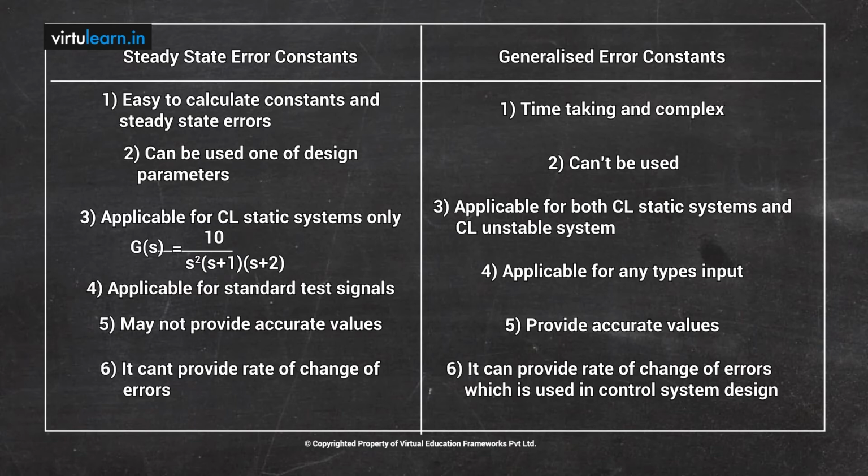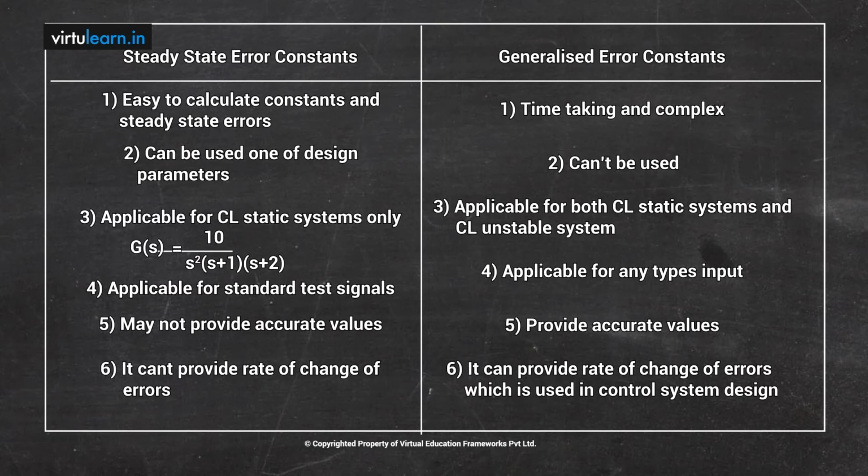So care must be taken: whenever you calculate Kp, Kv, Ka or the corresponding errors, the closed loop system must be stable. Whereas in this case, there is no such constraint. Straight away we can find the error constants, substitute them in the e of t expression, and finally find the steady state error.